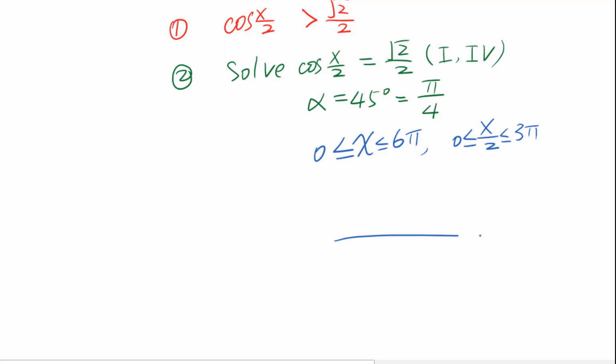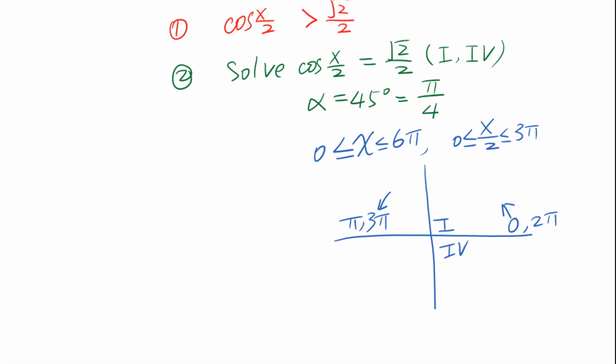We need to draw the diagram between 0 and 3 pi. We have 0, pi, 2 pi, 3 pi, starting from 0 and ending at 3 pi. We only need to write down the pattern for the first and fourth quadrants.